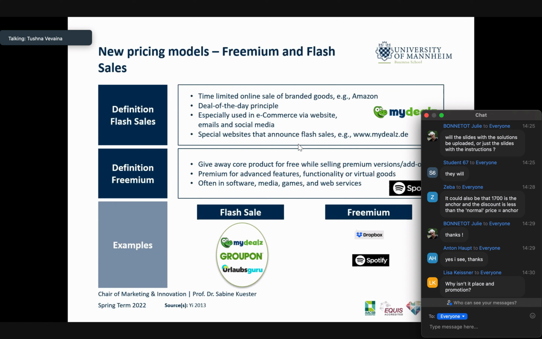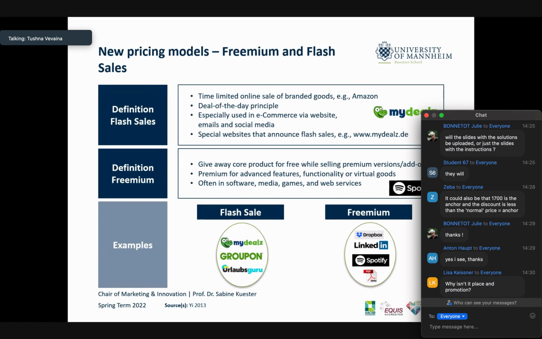And then you have the freemium strategy, which is something that a lot of tech products or a lot of apps are using these days. You basically have a free model, a basic model, and then customers are asked to opt for the premium model and pay a higher price for it. So LinkedIn, Spotify, Dropbox, all these companies use this model. We'll come to advantages and disadvantages of this sort of model.